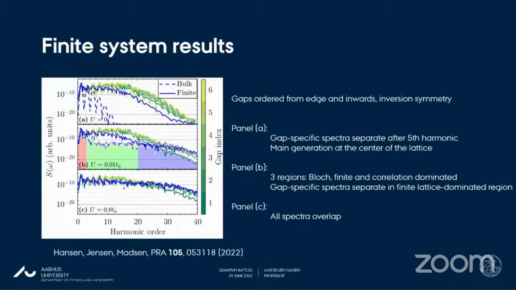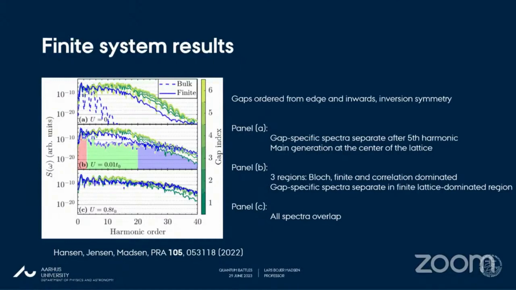So here's the first example. The first study we did was asking ourselves the question, what happens if I have a finite system compared to a bulk system? Here you have, in the limit of no correlation, the finite system high order harmonic generation response, and the bulk high order harmonic generation response.